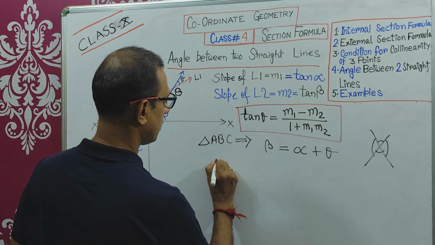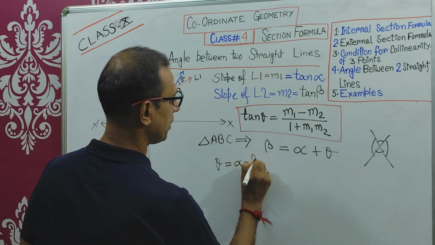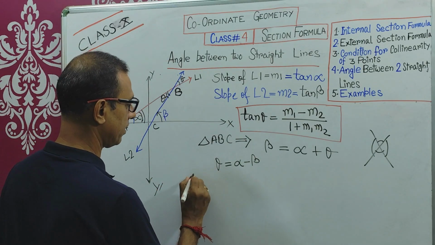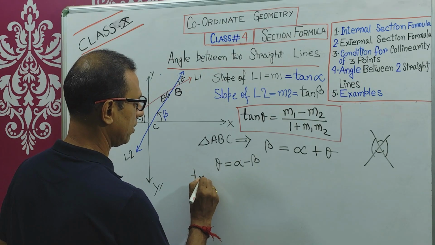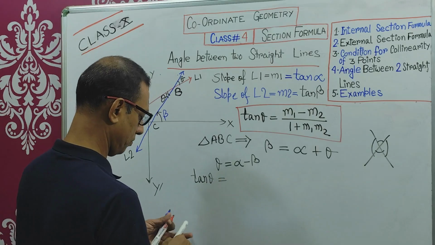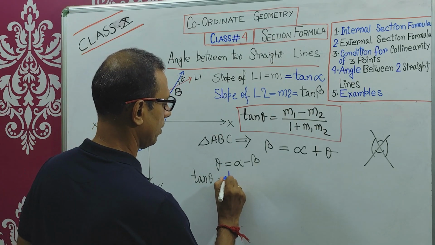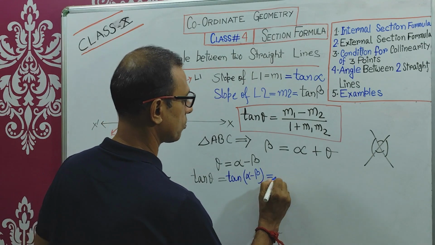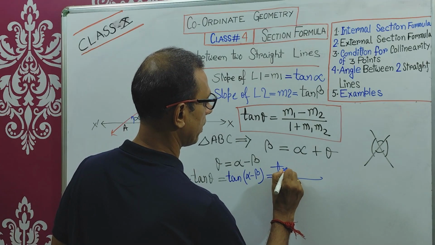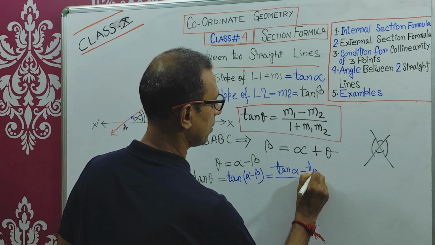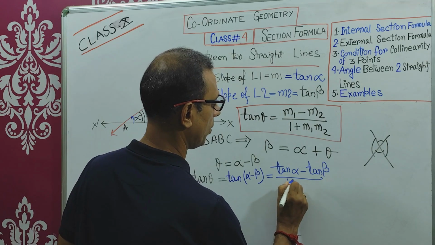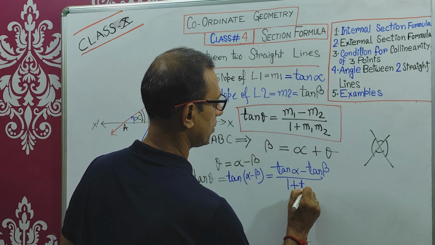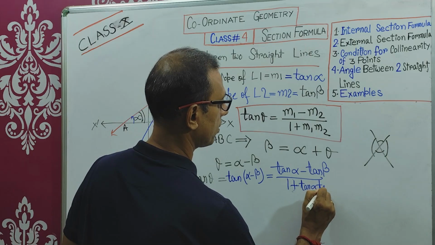Okay, that means theta equals alpha minus beta. Now if you take tan on both sides, tan theta equals tan of alpha minus beta, which is tan of A minus B: tan alpha minus tan beta, by 1 plus tan alpha tan beta.